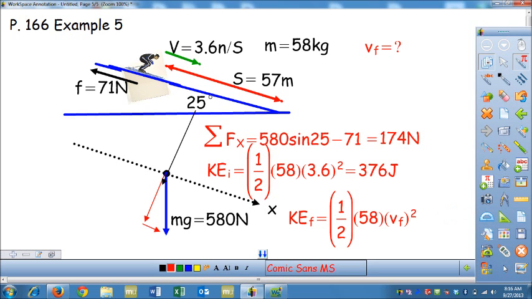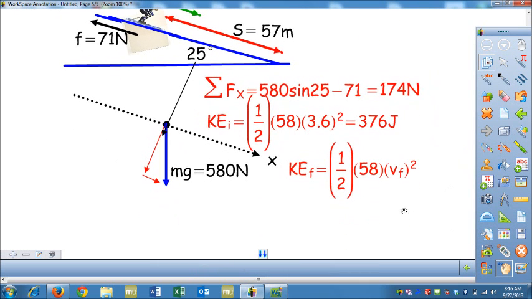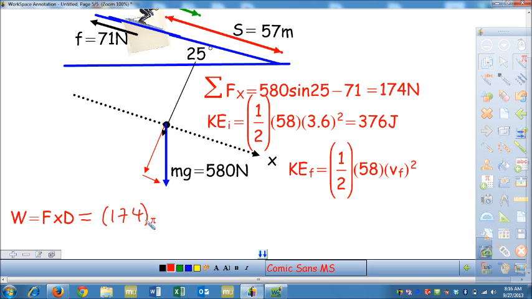So let me see if I can make a little bit of space here. We know that work is kinetic energy final minus kinetic energy initial, and work is force times distance, or F dot S, sometimes we use. So that's going to be equal to 174 newtons times 57 meters.